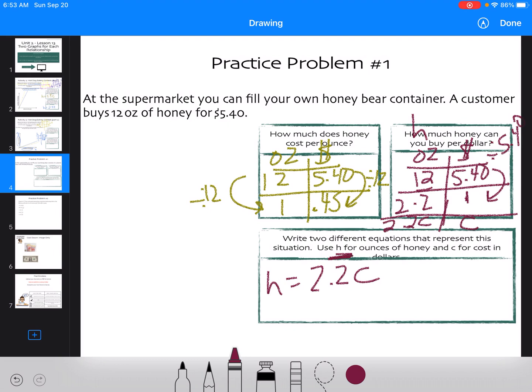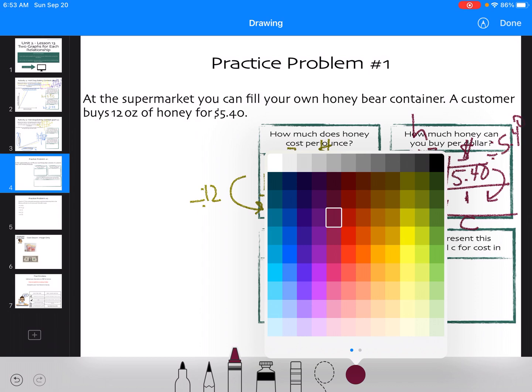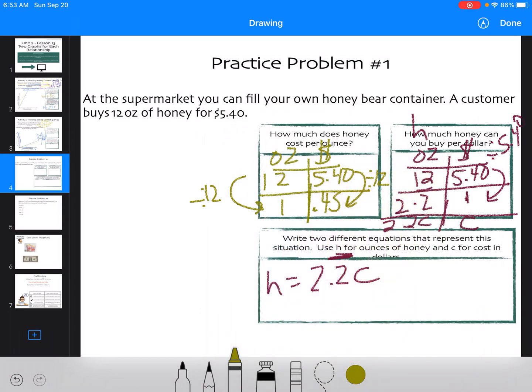Okay, in the other one, I'm going to put my H here, so it's going to be 0.45 H. So C equals 0.45 H, because that's the expression that I got, and that's going to equal my cost.